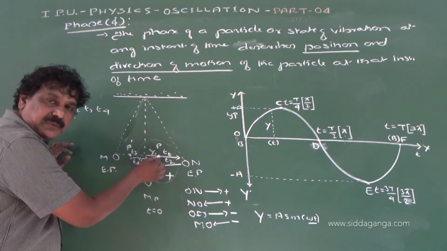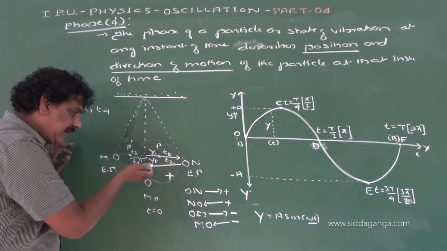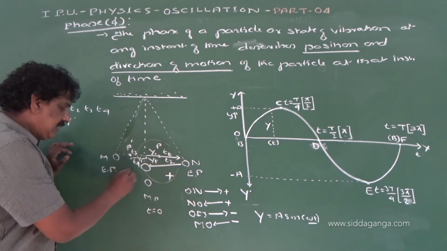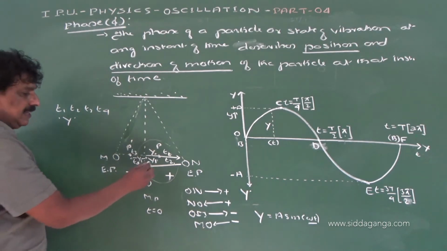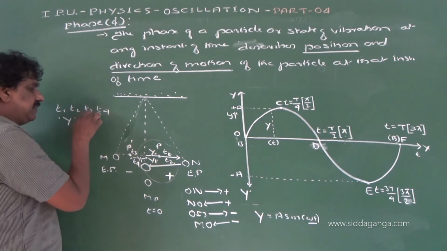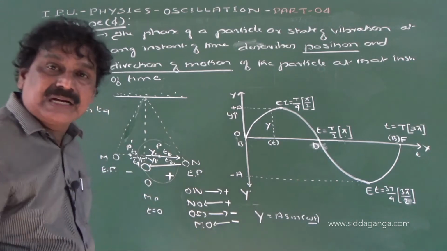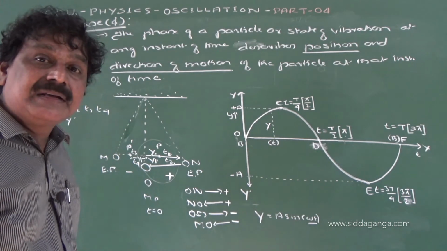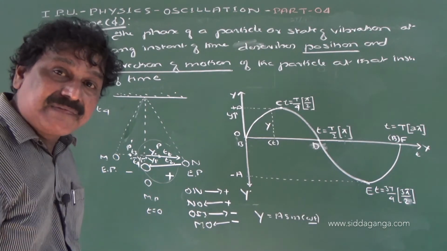Position at t2, right, is the particle moving towards the mean position in the positive side. So this is the negative side. Here, at times t1, t2, t3, t4, according to that figure and our discussion, the position is the same, but the directions of motion are different.